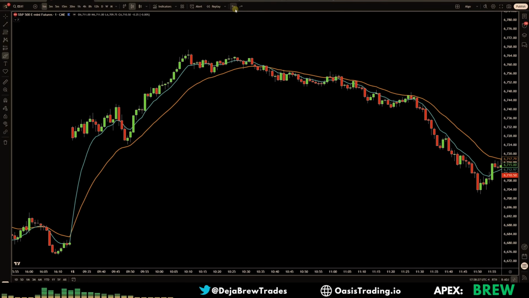Okay, so we want to look for that one time framing nature. We want to look for that very aggressive buy or sell pressure. If it's staying above the 8 EMA, then we can look for that aggressive trade style, whether you want to be a breakout trader, whether you want to look for the pullbacks to the 8 EMA, whatever it may be.